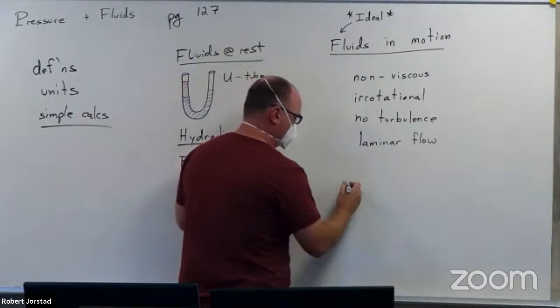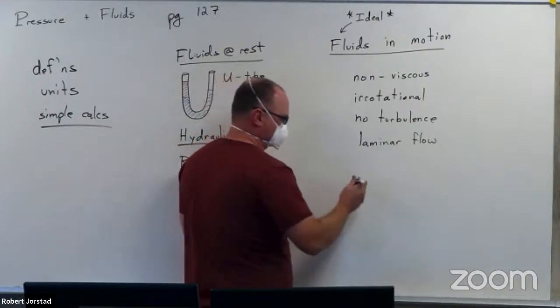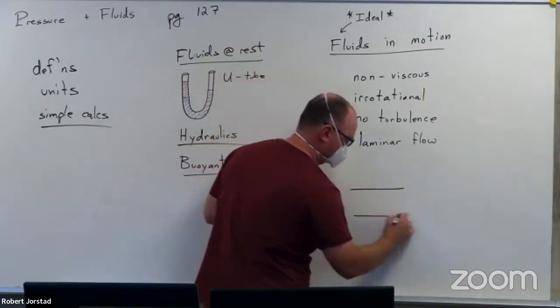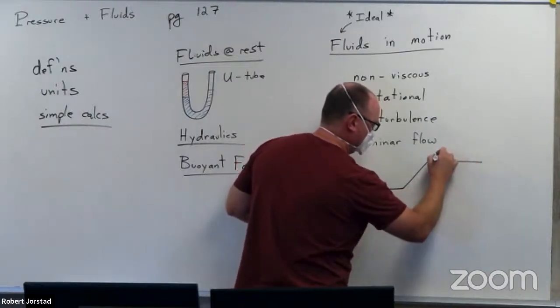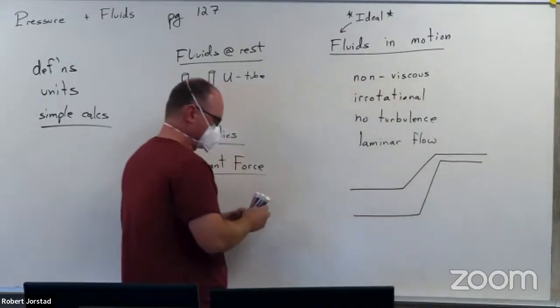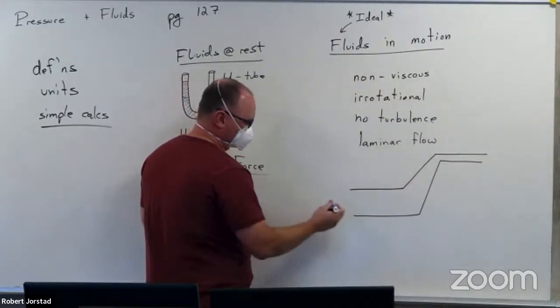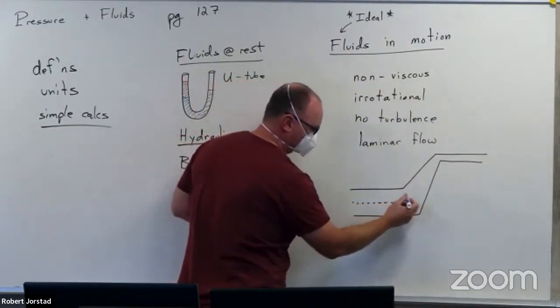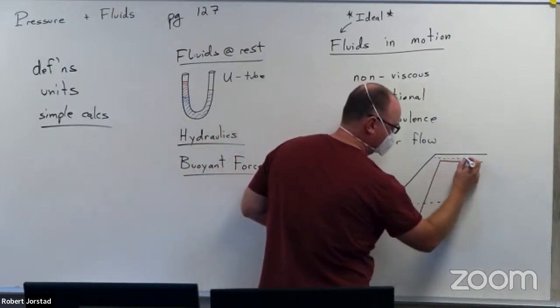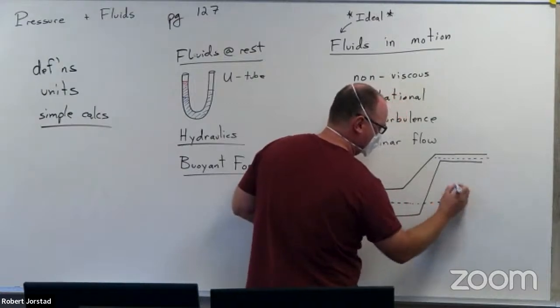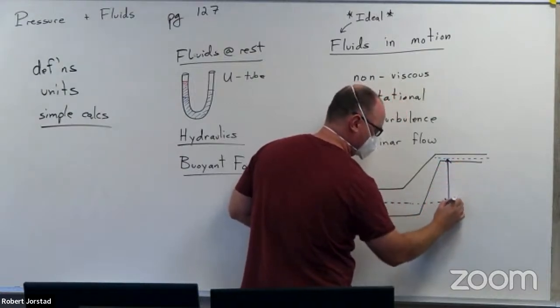In particular, we're going to analyze problems like this, where you have a pipe. There's a center line on this pipe. Again, we're going to come back to this next time. There's a difference in elevation.